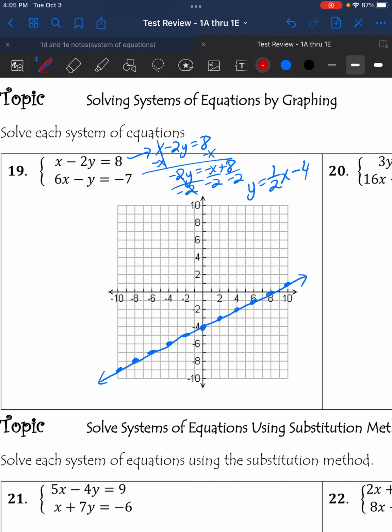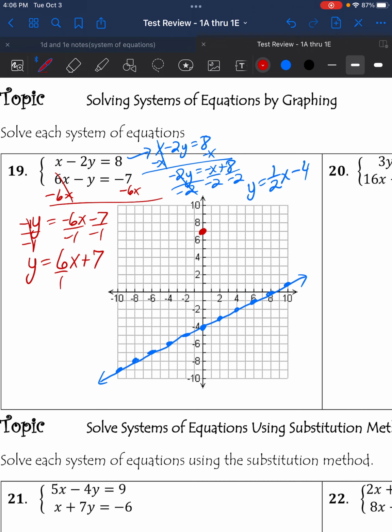And then on my second equation, I have to get the y by itself, so I'm going to subtract 6x. I don't have any like terms there, so I'm just going to rewrite it. And divide by -1. Don't forget that negative. A lot of students do that. Negative divided by negative is positive, so I have 7 as my y-intercept. And then 6 over 1, so down 6.